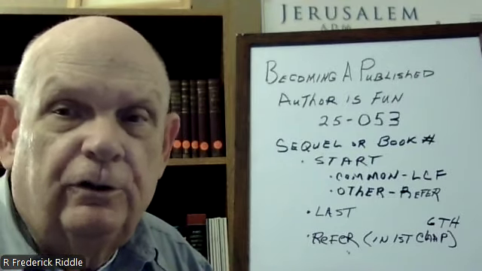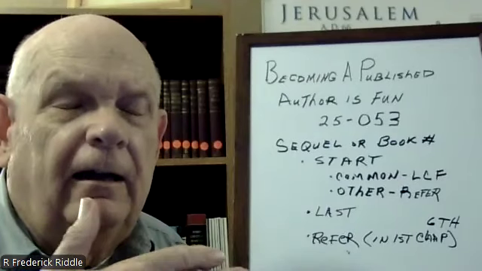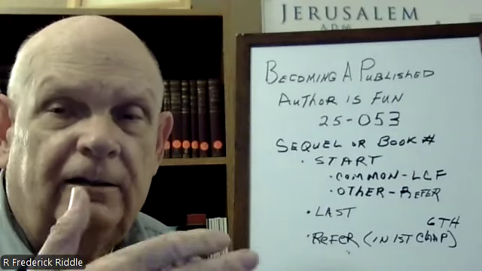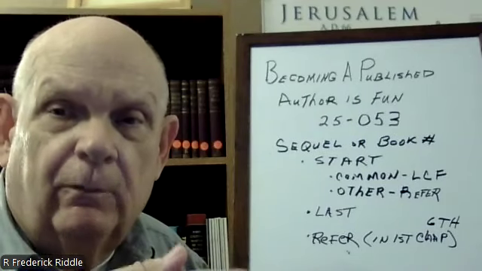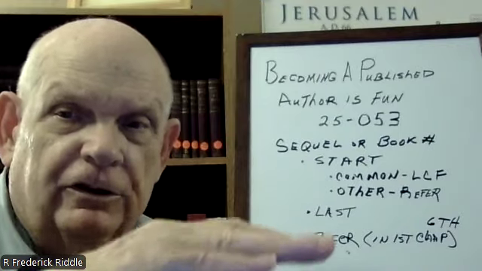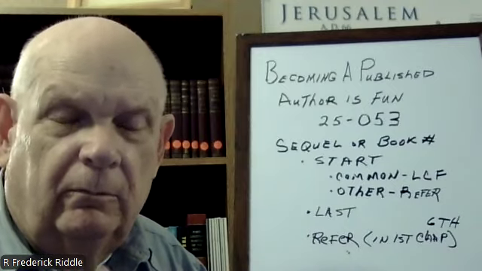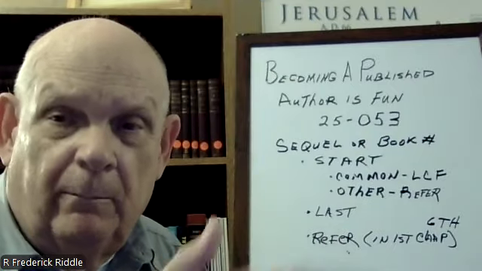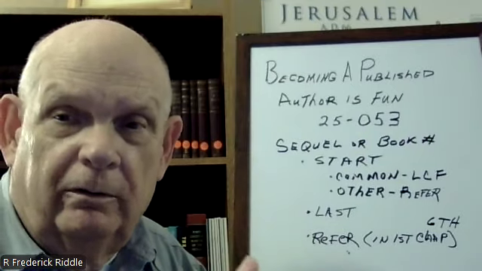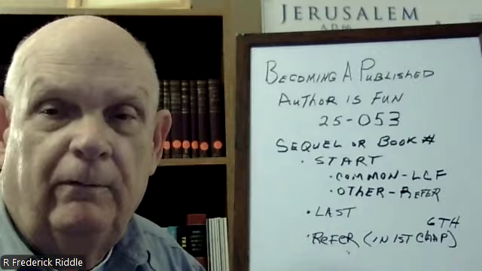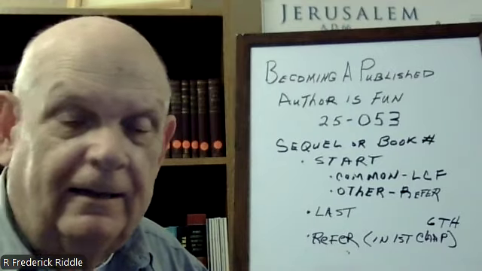There are different ways you can do this, but you need to find one, and if it works, stick with it. That becomes part of your style, and so people will know that when they buy the book, it's going to tie into those previous books, if there is a tie-in.